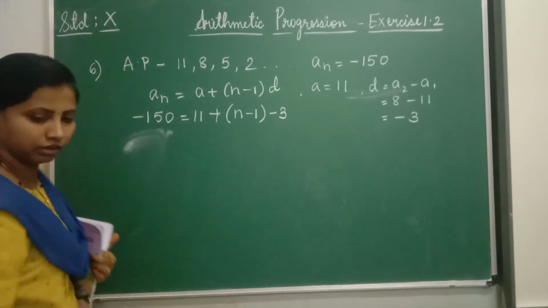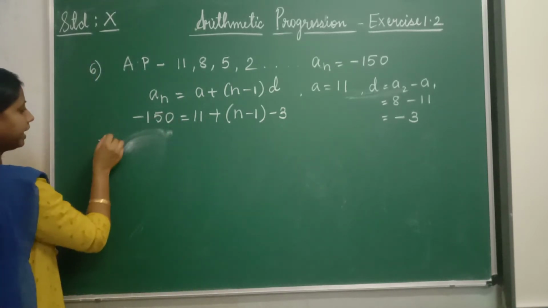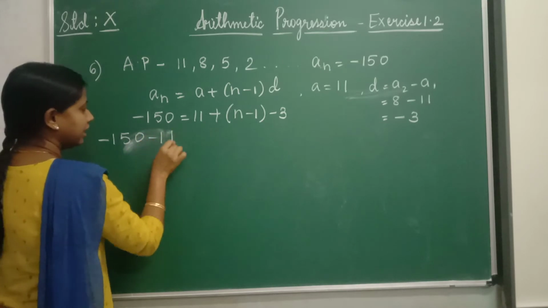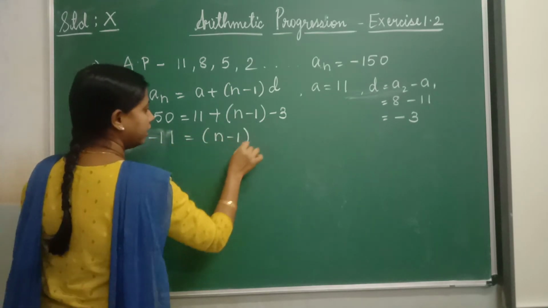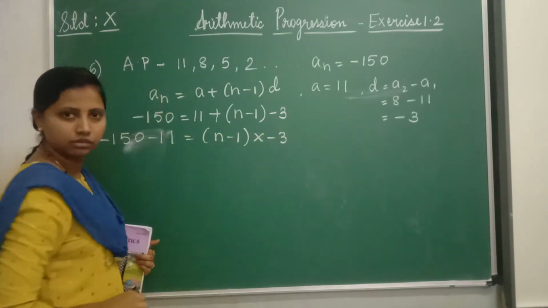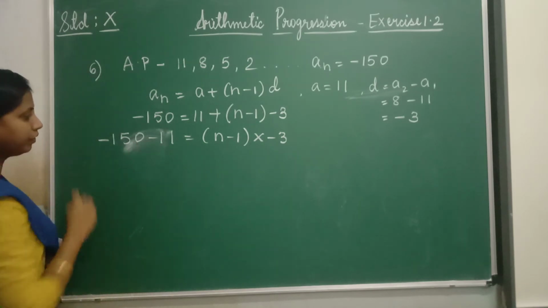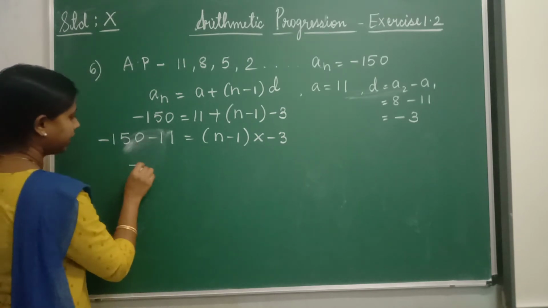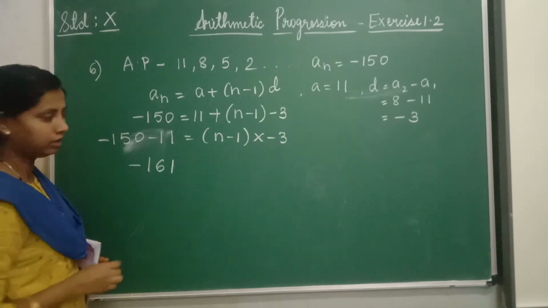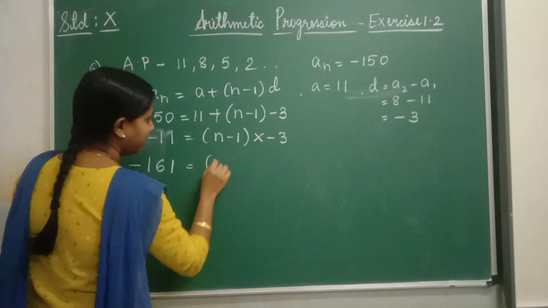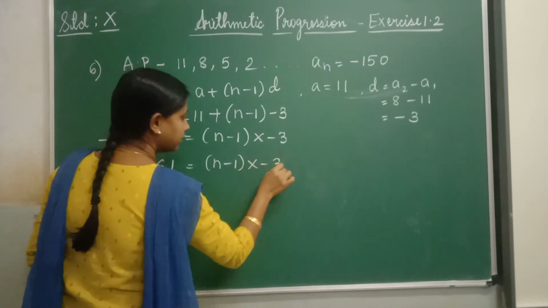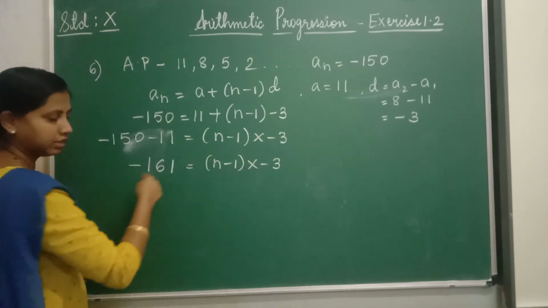Now you can take 11 on this side. So you will get -150 - 11 = (n - 1) × (-3). Now -150 - 11 you get -161 = (n - 1) × (-3). Now take -3 to the other side.